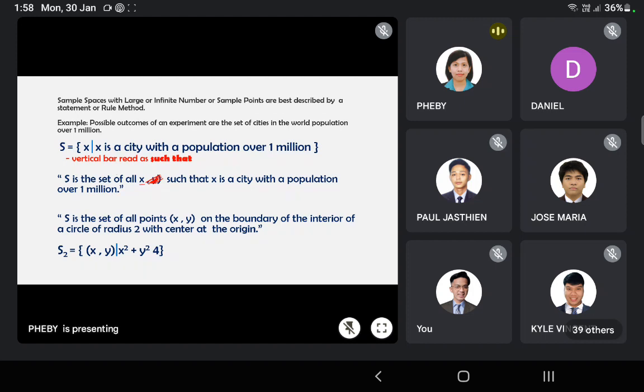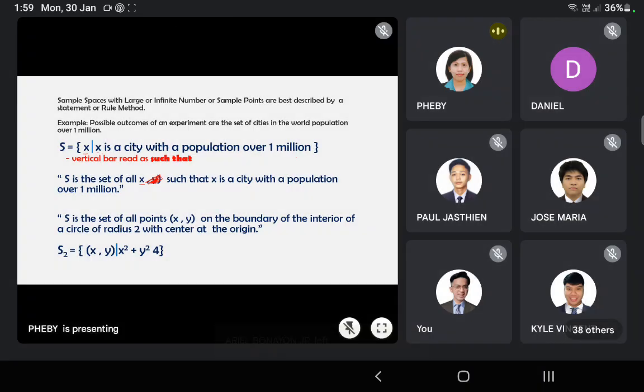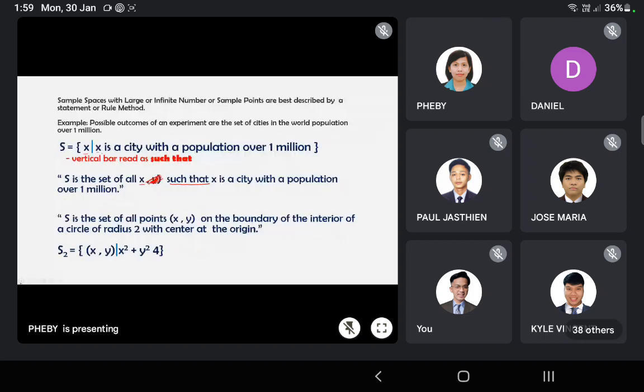So, this is what is called the rule method. It is used when there are too many things to count. So, we will write our sample space like this: S is the set of all X wherein X is a city with a population over 1 million. The vertical bar is read as "such that." So, S is the set of all X such that X is a city with a population over 1 million.